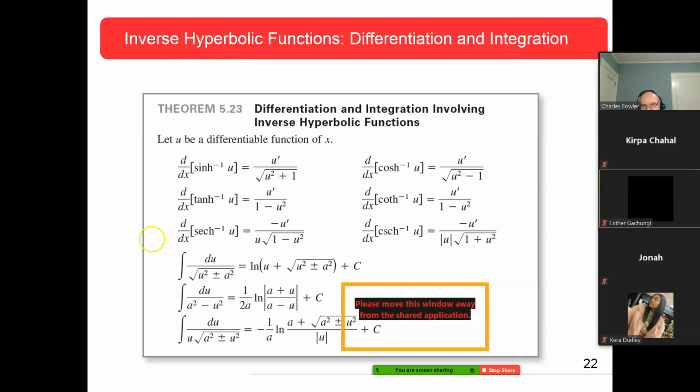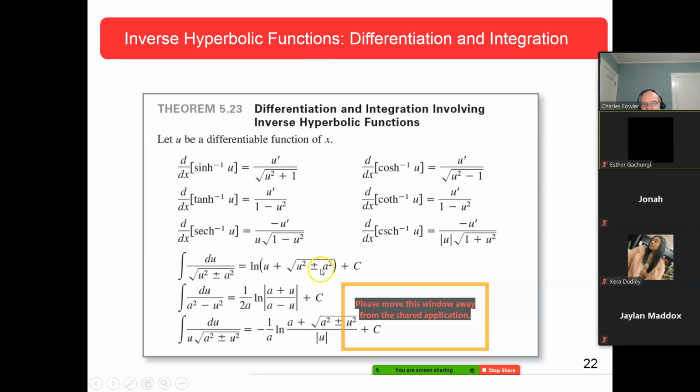Now, when you reverse this and do your integrations, if you're integrating u squared plus or minus a squared, plus the square root, you get the log of this thing, and your plus or minus goes in here. When you're doing the difference, that would be hyperbolic tangent and cotangent, then that's what you would get.